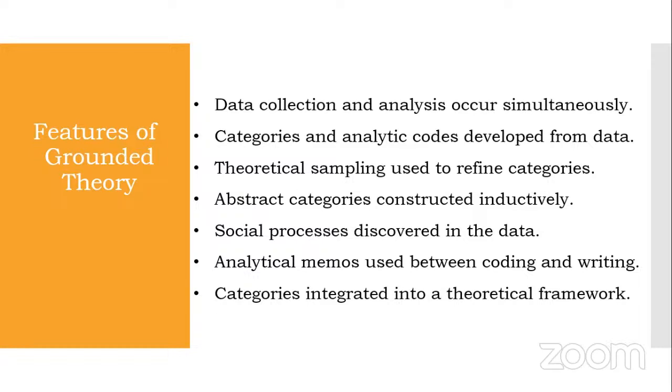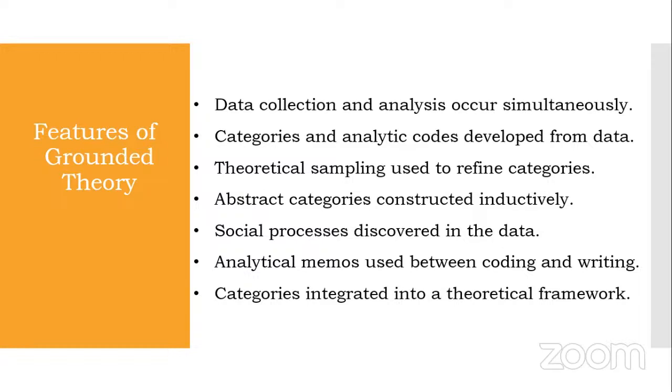Second, categories and analytic codes are developed from the data. These categories can include subcategories, using different types of codes like open coding and axial coding. I hope you can remember that we discussed all this in thematic analysis as well.